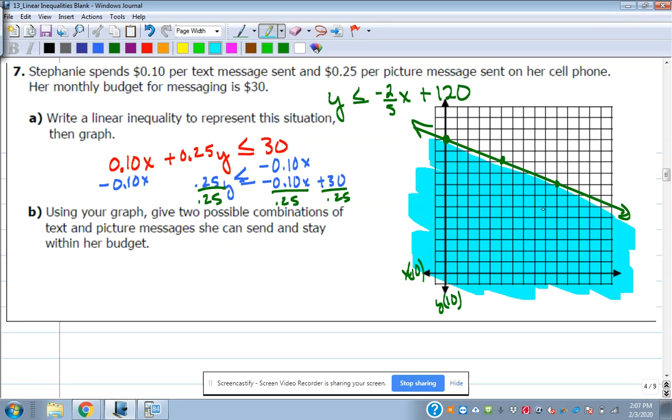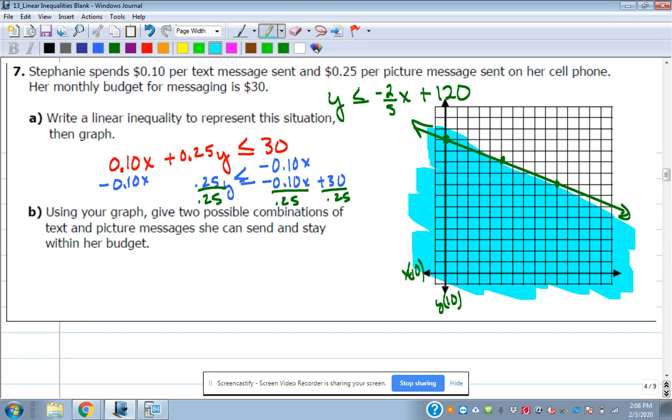So all of these points are possibilities for meeting the requirement. We can't go over $30 in either text messages and picture messages.